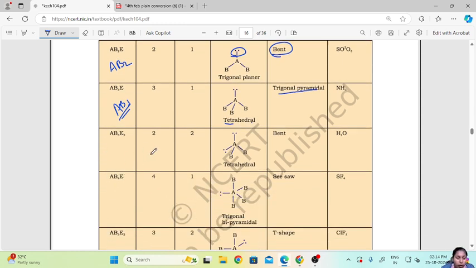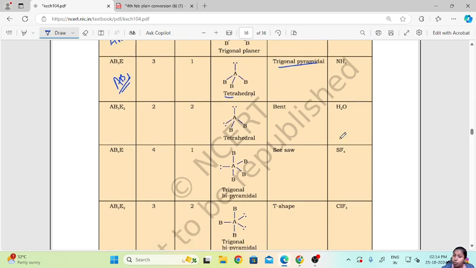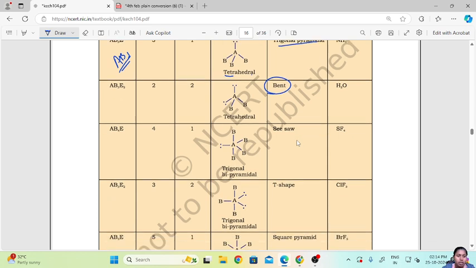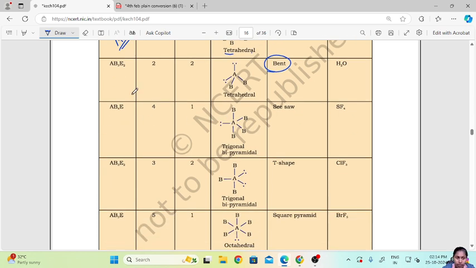When you have two bonded pairs and two lone pairs, for example water, water has two lone pairs associated with it. In this case also you have a bent structure. Now AB4 with a lone pair, you will get a seesaw structure.